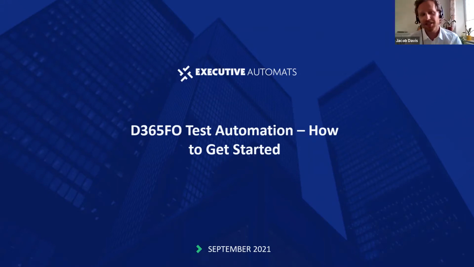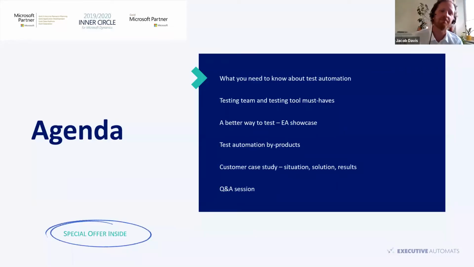The agenda for today, we will talk about what you need to know about test automation. This will be Bart sharing his experience on what you really need to know to get started whenever you're doing test automation. That'll include things like the testing team and, of course, testing tool must-haves, things you need to be able to do with the tool that you're using to do the test automation.